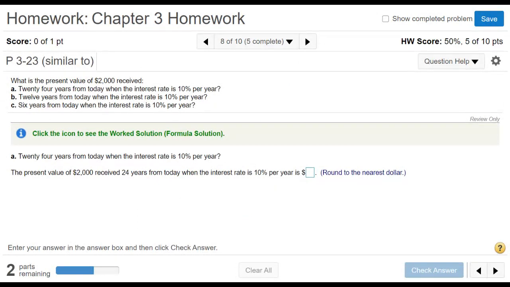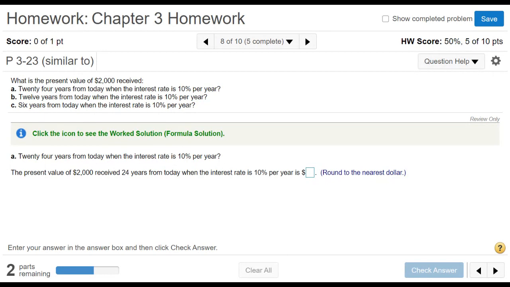Okay. What is the present value of $2,000 received 24 years from today, when the interest rate is 10%? I got 19,699.47.